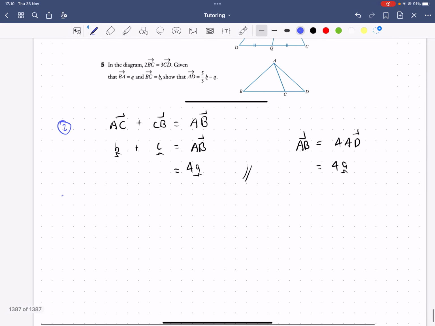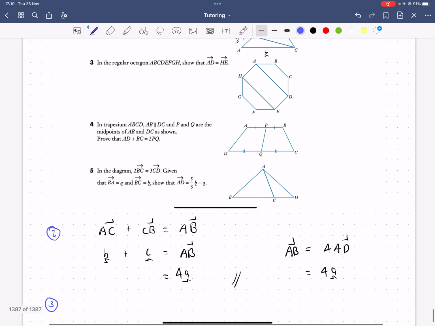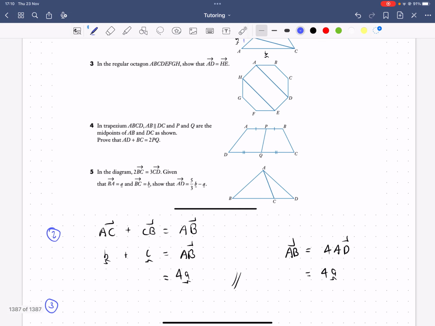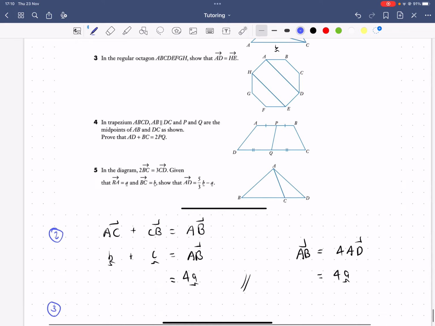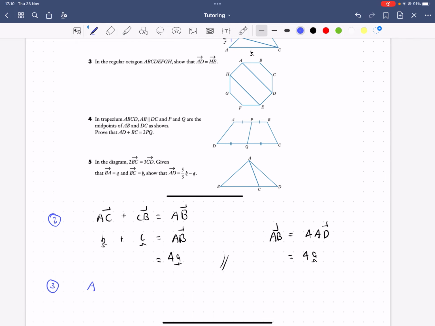Okay, question number 3. We've got the regular octagon ABCDEFGH. Show that AD is HE. Well, if we look at this octagon, AD is going to equal AB plus BC plus CD. And at the same time, HE is going to equal HG plus GF plus FE.